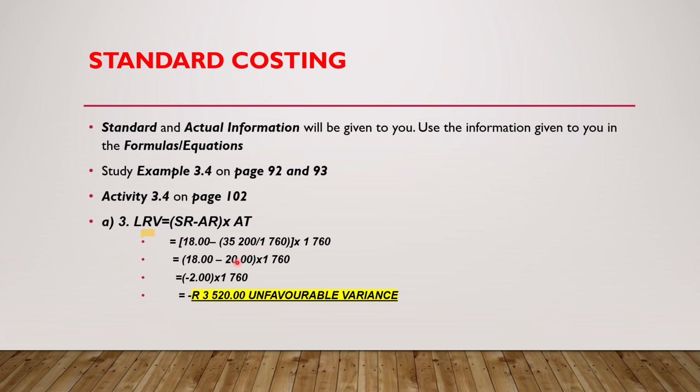That extra 2 rand would have been used to buy something else. So 18 minus 20 is minus 2. You can see from the minus that the answer is going to be unfavorable. And when you multiply that by the hours, then you get minus 3,520 rand, which is unfavorable.